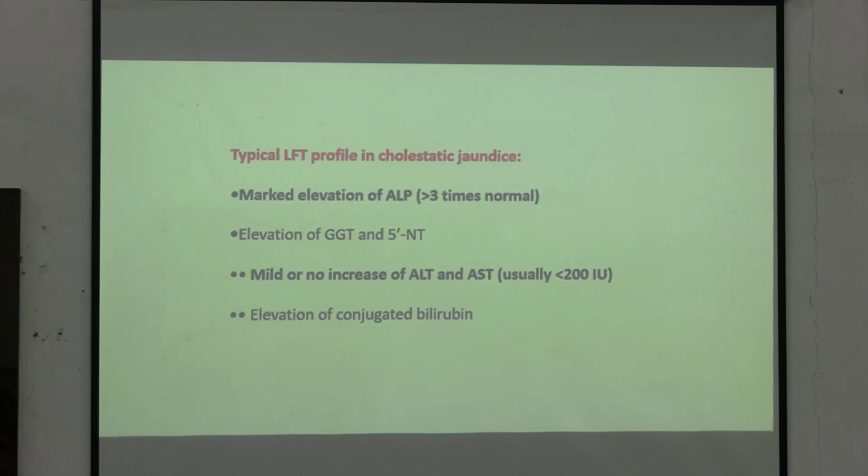Typical LFT profile in cholestatic jaundice: marked elevation of ALP, that is more than 3 times normal, elevation of GGT and 5' nucleotidase, mild or no increase of ALT and AST, and elevation of conjugated bilirubin.